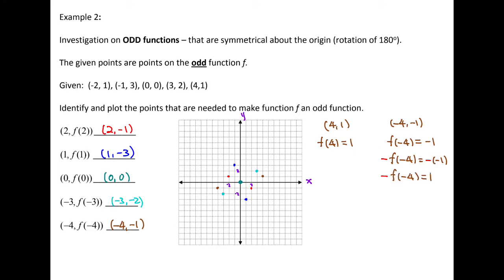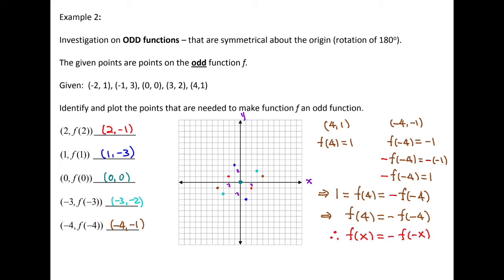Now I get a positive 1. So this means 1 equals f of 4 equals negative f of -4. That means f of 4 equals negative f of -4. So using x to replace the 4, we get f of x equals negative f of -x. And this is the so-called odd function.